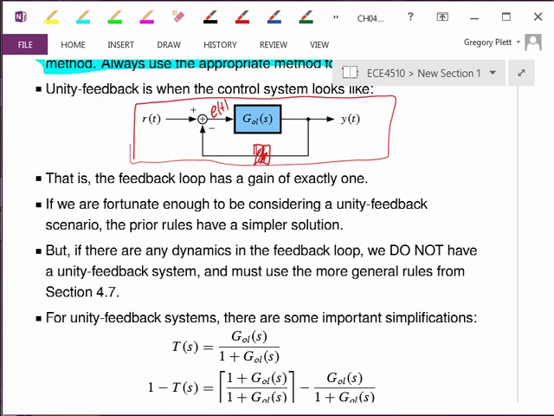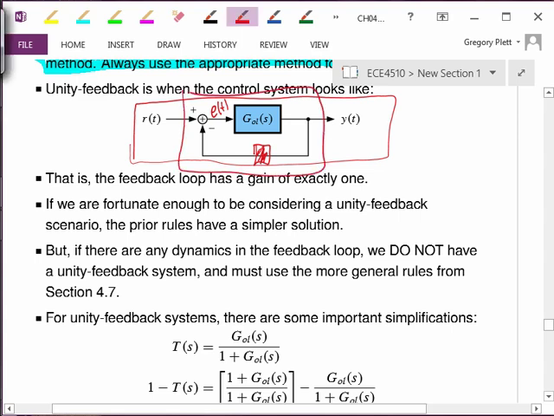You've probably done so many of these transfer functions by now that this is very routine: the transfer function from R to Y for this system, T(s), is equal to G open loop over 1 plus G open loop of s. That's our closed loop transfer function.